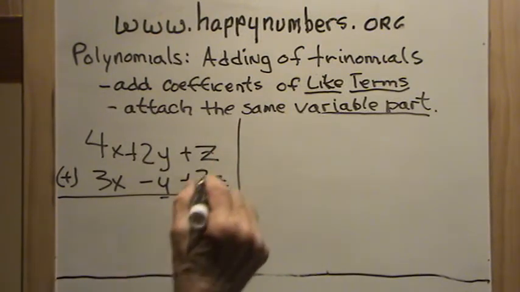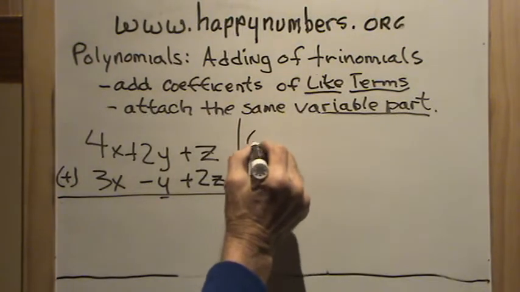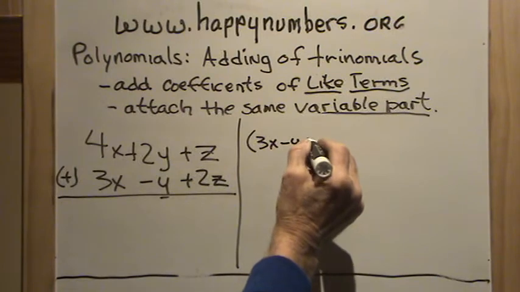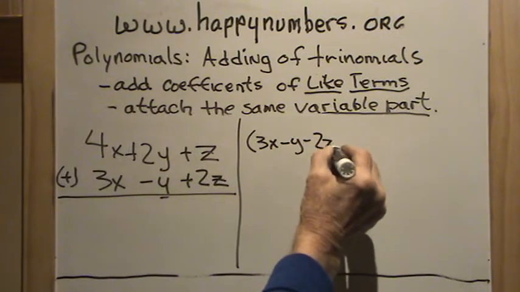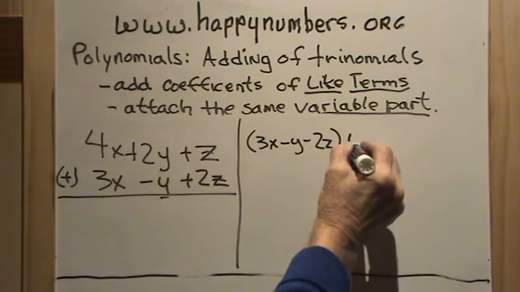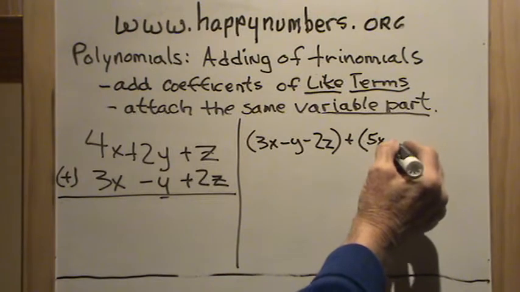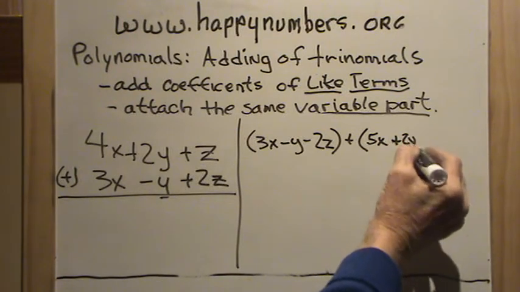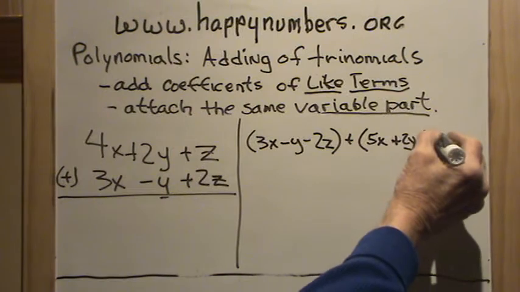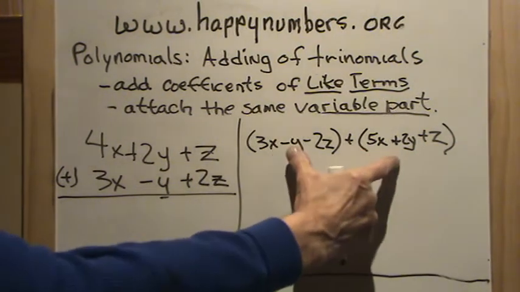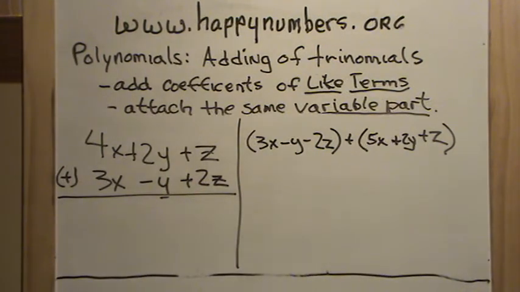And your second problem, I'm going to write in a little different way because you may see it in this way sometimes. 3x minus y minus 2z plus 5x plus 2y plus z. All right, now don't be fooled by the way this is written. Put your DVD or video on pause, work these problems, turn it back on, and then we'll go over them.